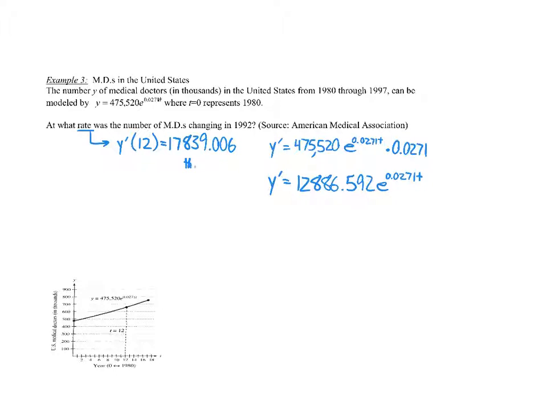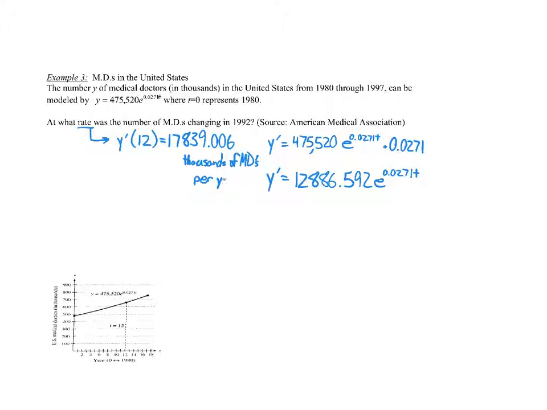So thousands of MDs per time, here measured in years. So per year. Okay, that's the rate of change in 1992.